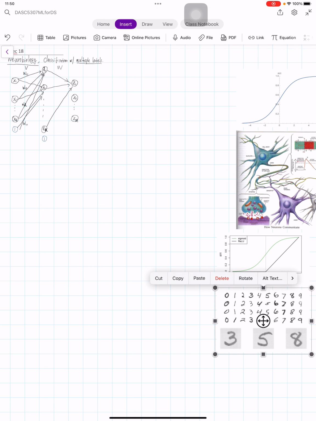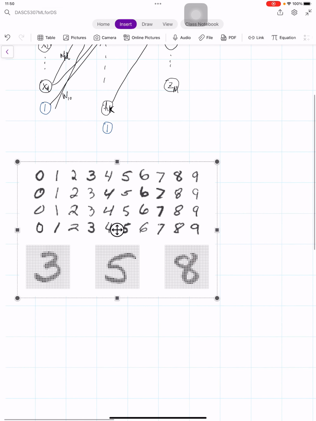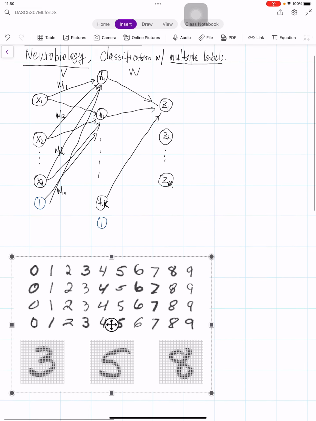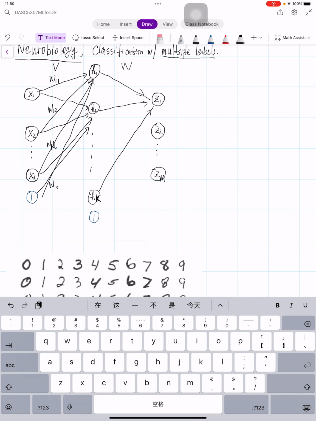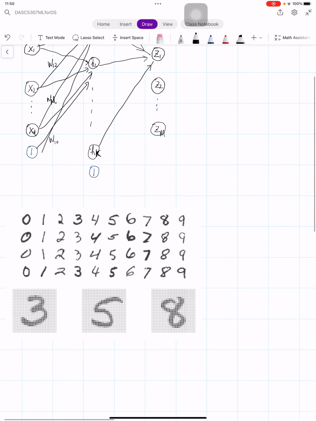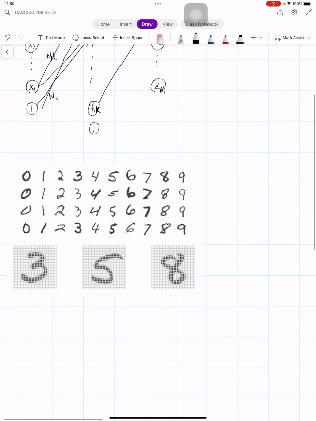I can give you the MNIST example as motivation. In the MNIST example, we train on people's handwritten digits, as you learn in our lab or homework.